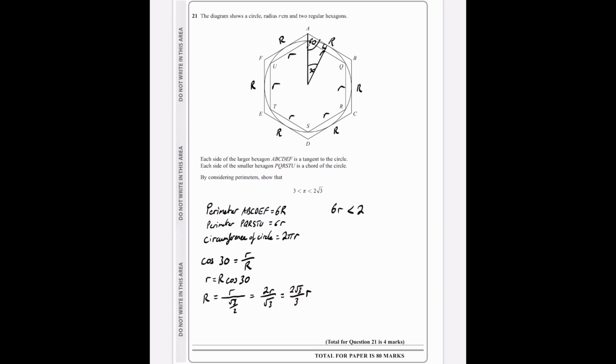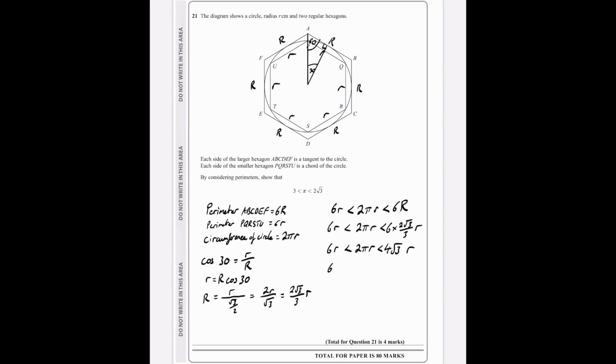So those three lengths can form our inequality. So the little hexagon is less than the circumference is less than the big hexagon. I'm going to replace capital R with 2 root 3 over 3 lots of little r. And 6 times 2 root 3 over 3 is the same as 4 root 3. 6 over 3 is 2, of course.